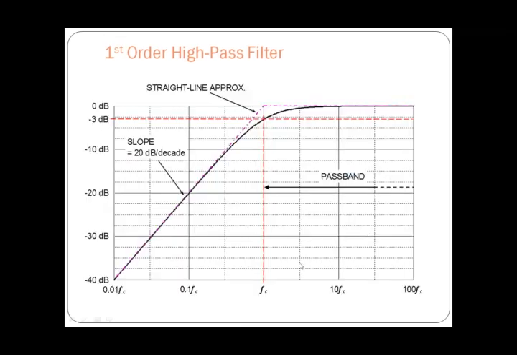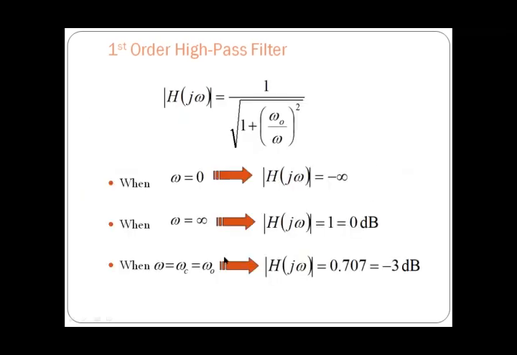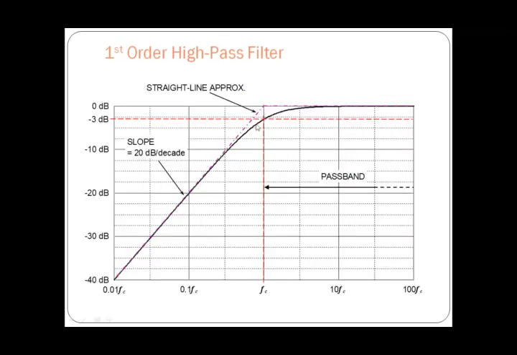You can observe here that omega equal to infinity means at higher frequencies, and the black color curve is lying on the 0 dB line. And when omega is equal to omega naught, it is at fc.